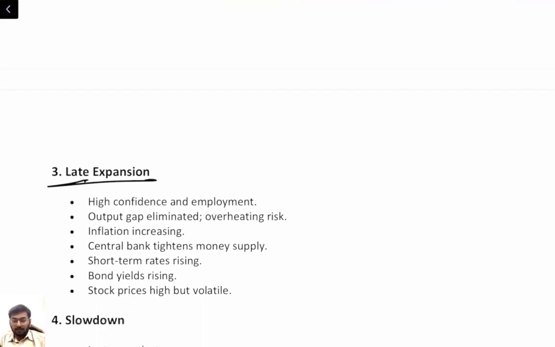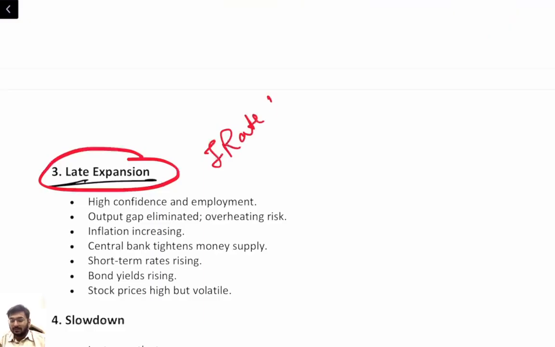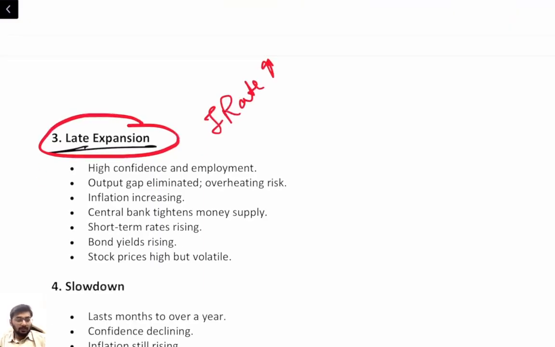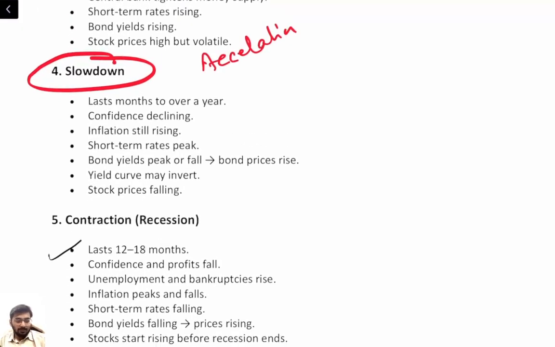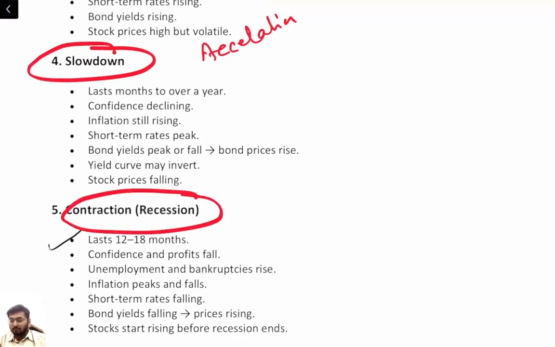When I am towards the late expansion, inflation rate is increasing. During the slowdown, it accelerates. And over here, inflation will peak. During the recession, your inflation rate will peak.